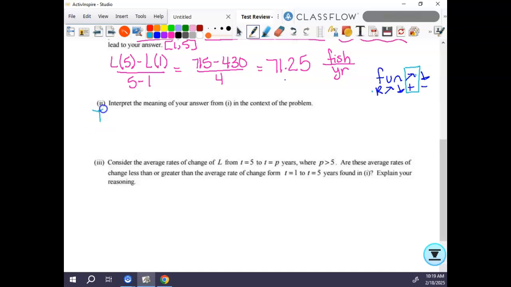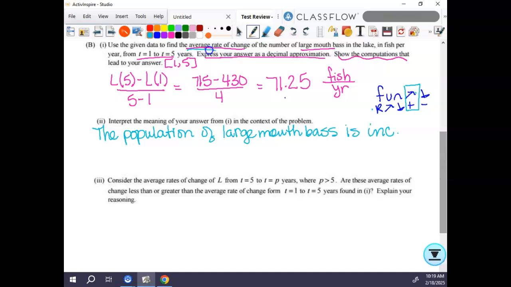So we're going to say the population of largemouth bass, can't just say fish here, is increasing. Now I can't say increasing at a rate because we didn't find the rate. We found the average rate.